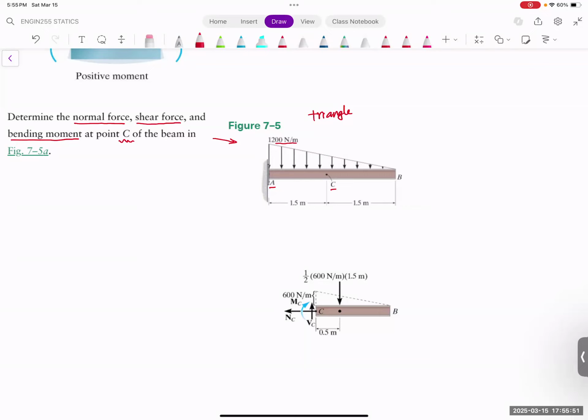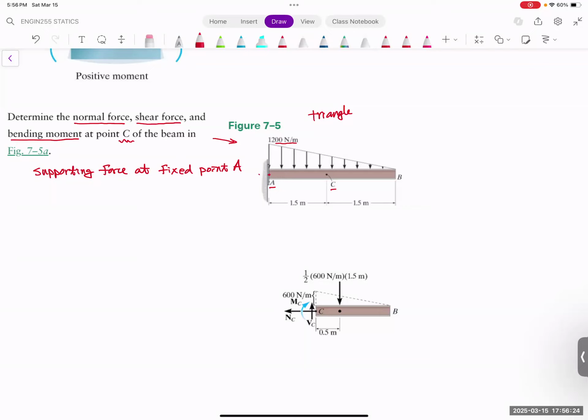When we solve these kinds of problems, the first step is normally to find the supporting forces. The supporting forces are at the fixed point A. What supporting forces will we have at a fixed point?